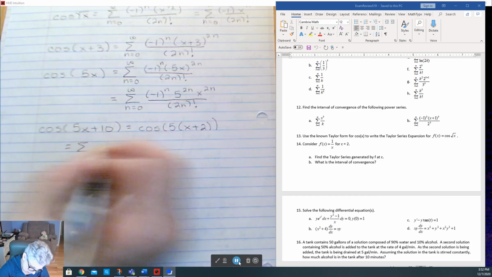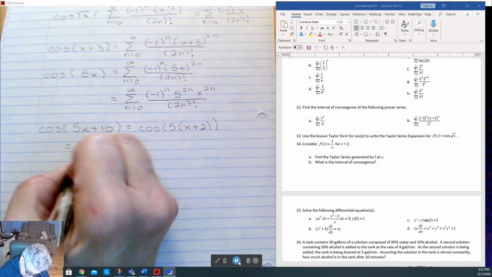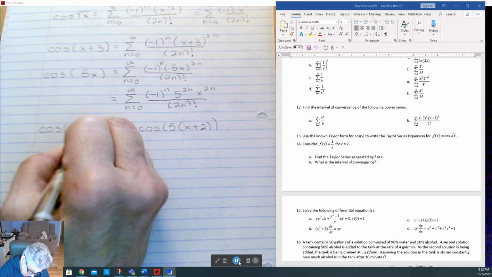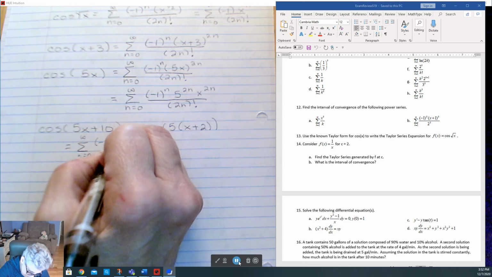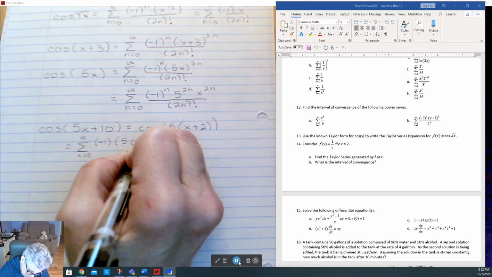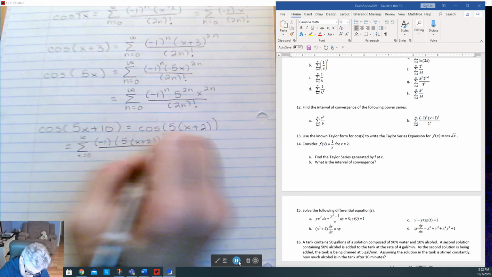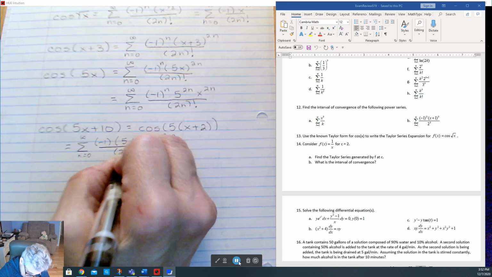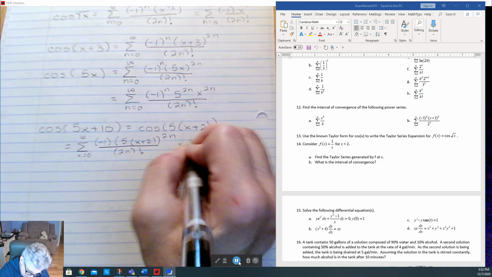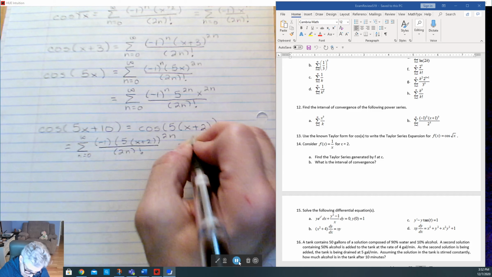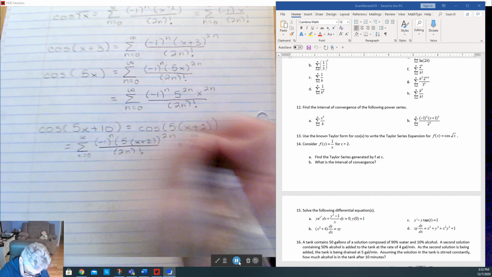So that would be the sum of n equals 0 to infinity, (-1) to the n, 5 times x plus 2 to the 2n over 2n factorial, which you could divide into pieces.